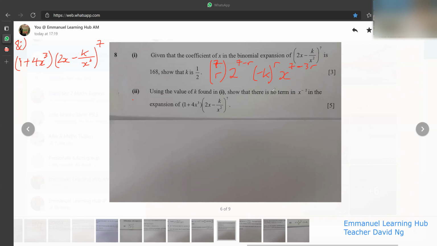So I have a general form. And just now r is 2.